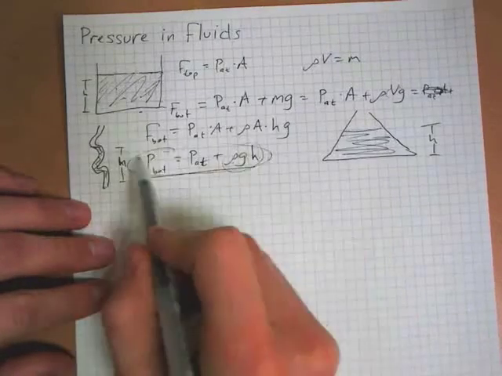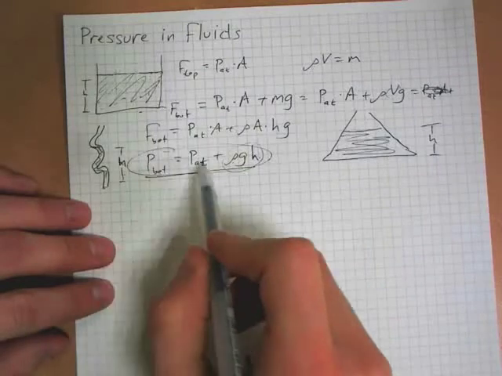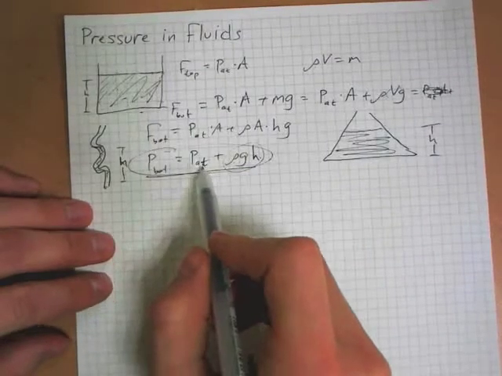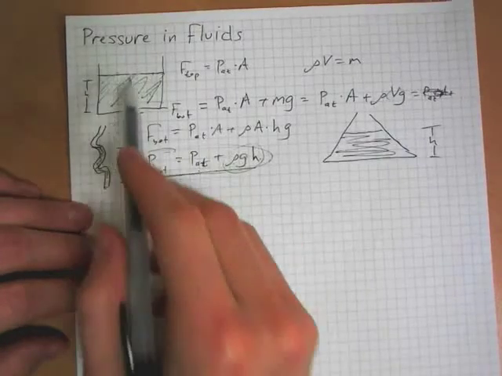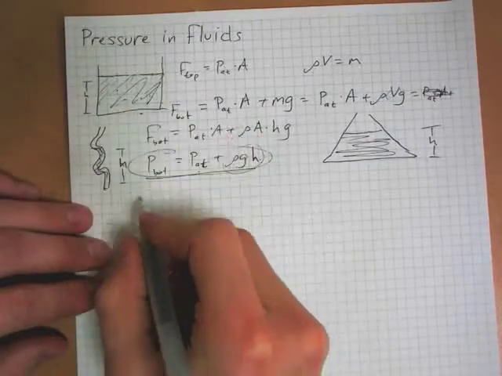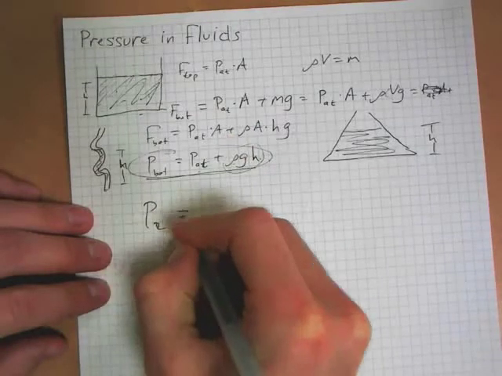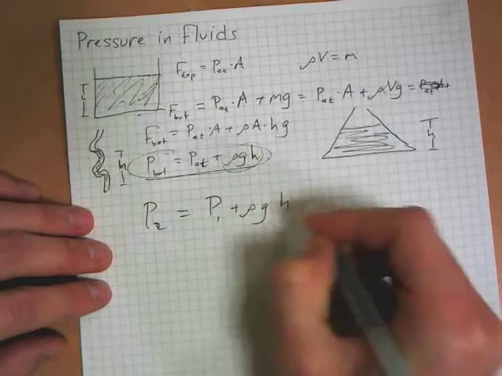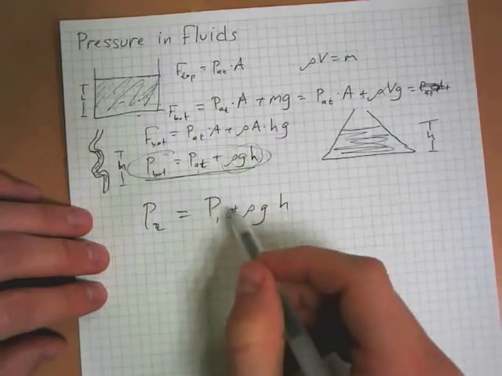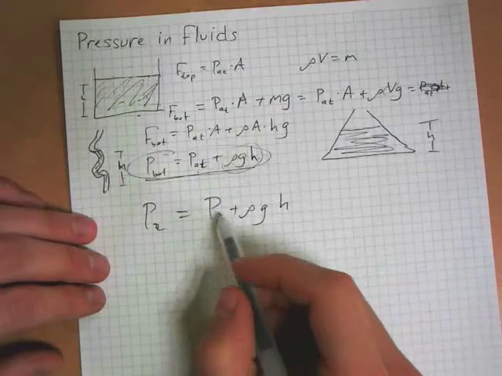More generally, we can apply this to any 2 points. It doesn't have to be bottom and atmosphere. The difference in pressure between any 2 heights we can write as: the second pressure is equal to the first pressure plus rho g h, where h is the height difference between the points, and we're assuming that P1 is the higher point.